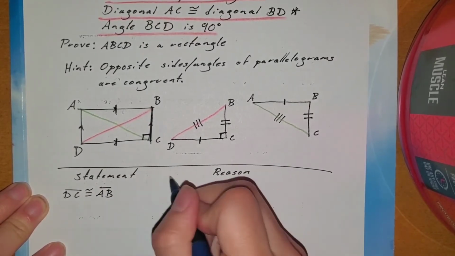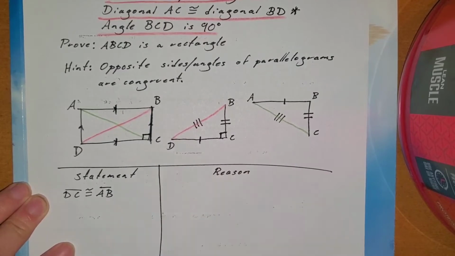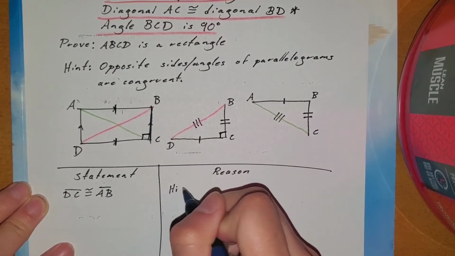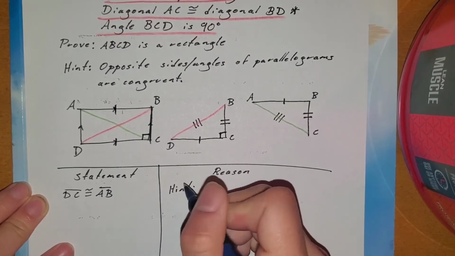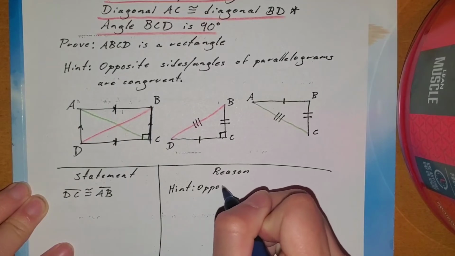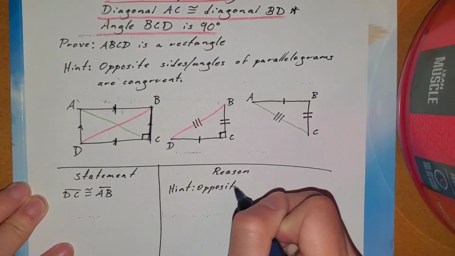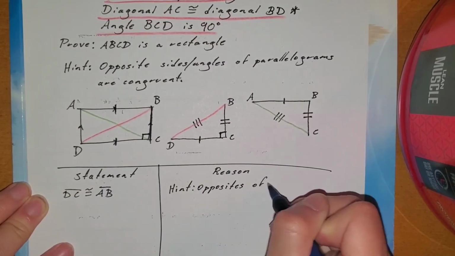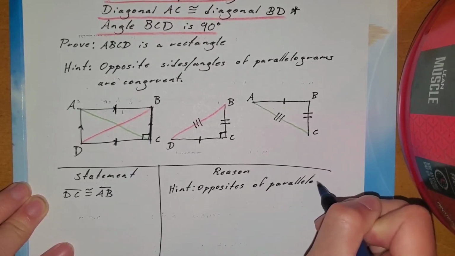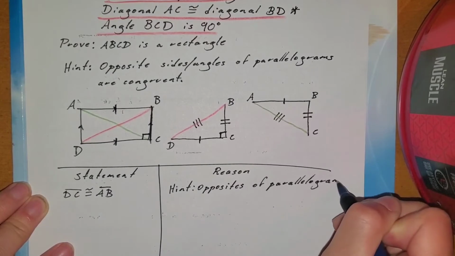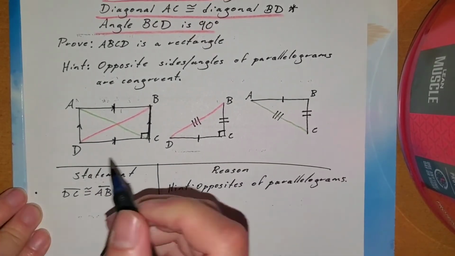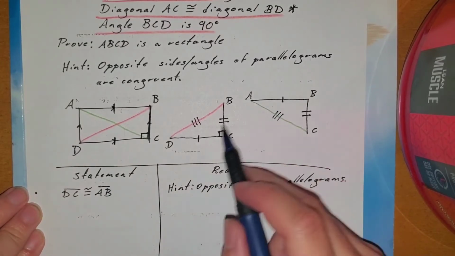and that was due to the hint. You can say hint if you want to, or you can also write opposite sides of parallelograms. If you want to write the whole thing, feel free to do so. So that's one. The second one, we did this one already.